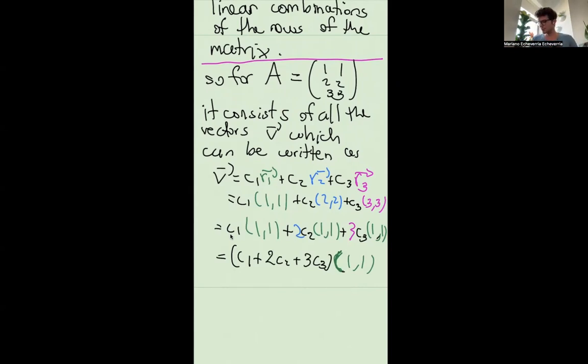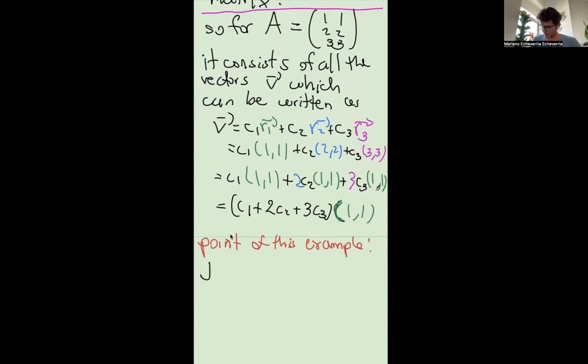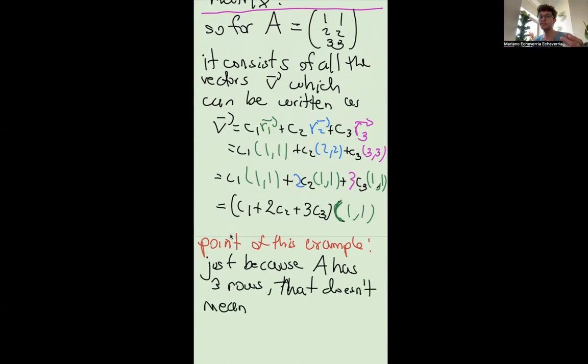So what's the point of this example? Just because A has 3 rows, that doesn't mean that you needed 3 different vectors to describe all the linear combinations. In fact, here, only 1 vector was enough because the 2 remaining ones were multiples of this one.